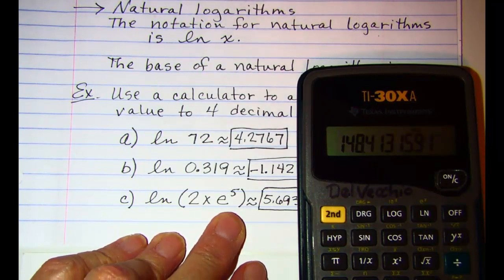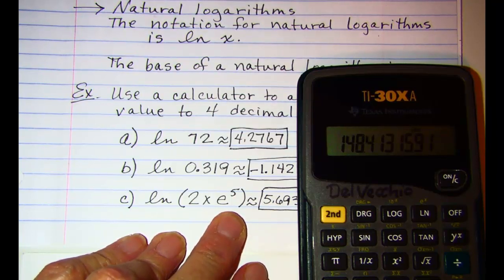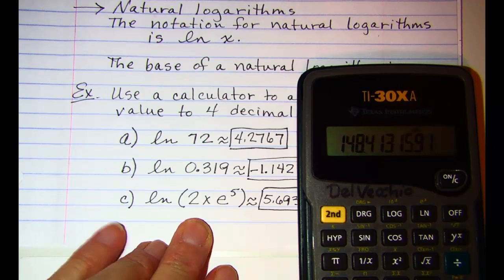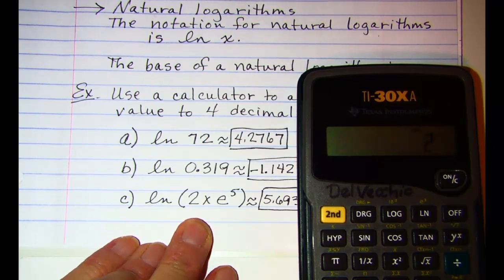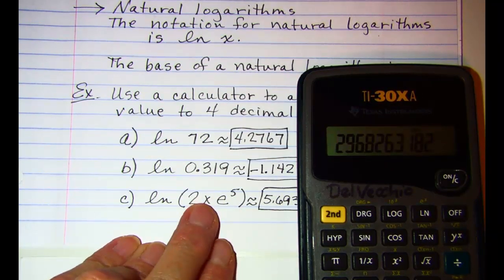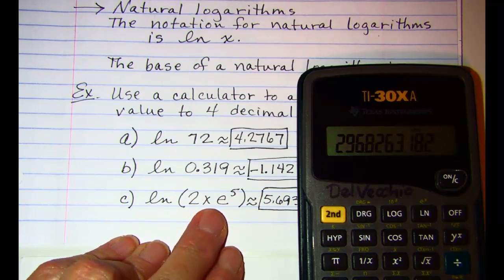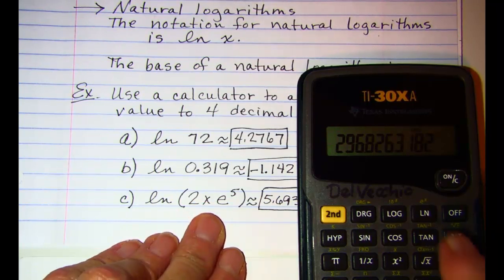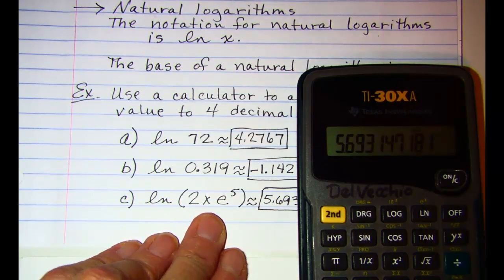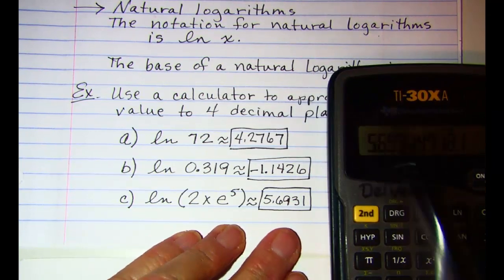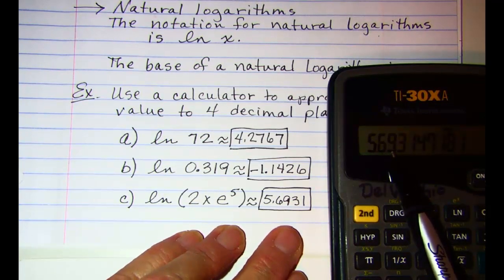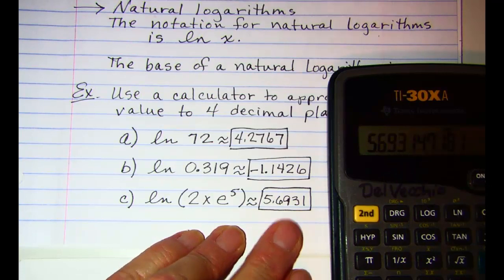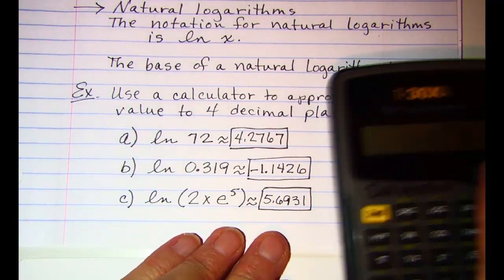That will give me 148.4132, and then multiply that by 2. And that's going to be this argument in parentheses, and then hit the ln button. So I get the same result, 5.6931.